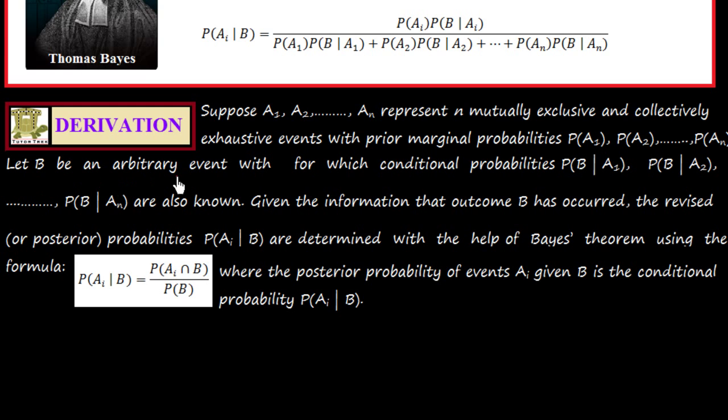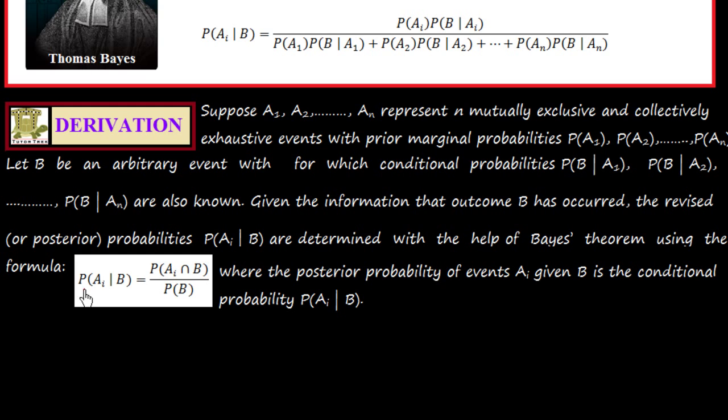Let B be an arbitrary event for which conditional probabilities, probability of B given A1, probability of B given A2, and so on up to probability of B given An, are also known. Given the information that outcome B has occurred, the revised posterior probabilities of Ai given B are determined with the help of Bayes theorem.